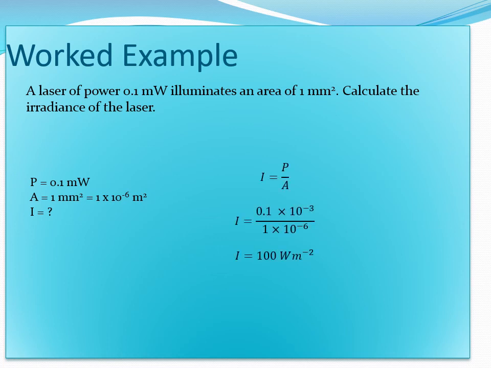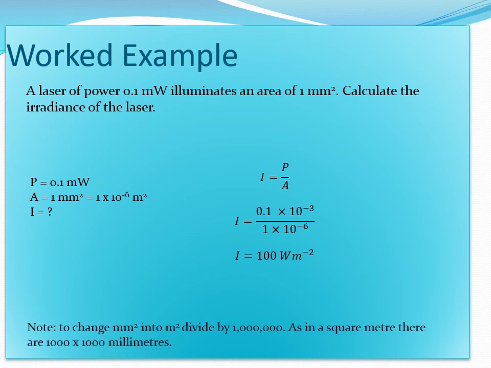You have 1 millimeter squared is actually equal to 1 times 10 to the negative 6 meters squared. I have a little note down the bottom here about to pop up to explain this, so I'll explain that in a second. And irradiance is what we're trying to work out, so just simply plug in what you know and you get an irradiance of 100 watts per meter squared.